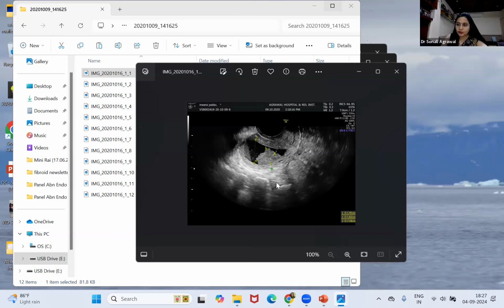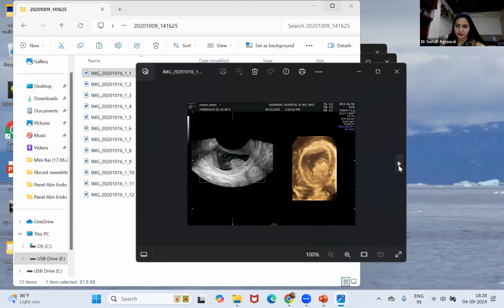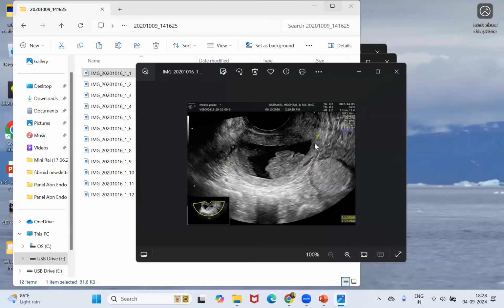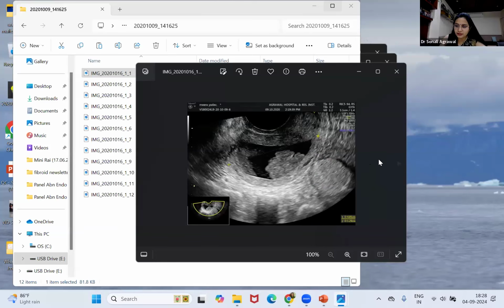Right. So I purposely wanted to show this picture because it is low level anechoic fluid, and this mass has very irregular margins, and she's postmenopausal, with the mass arising from the anterior wall and with fluid around it, and we can see very irregular margins in this patient.